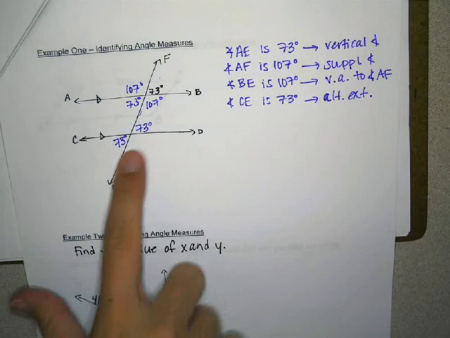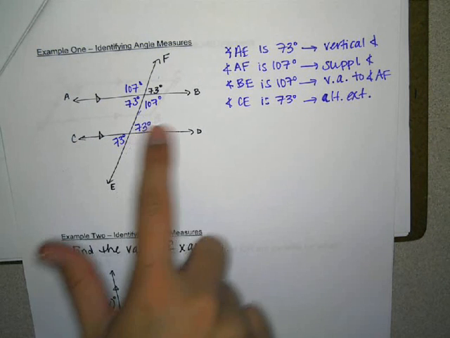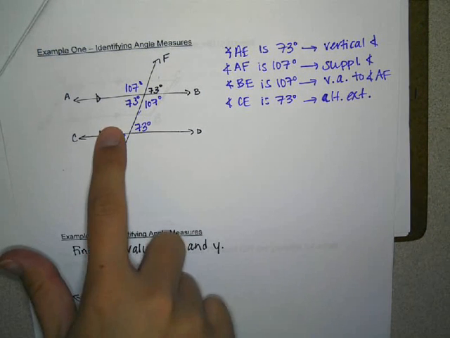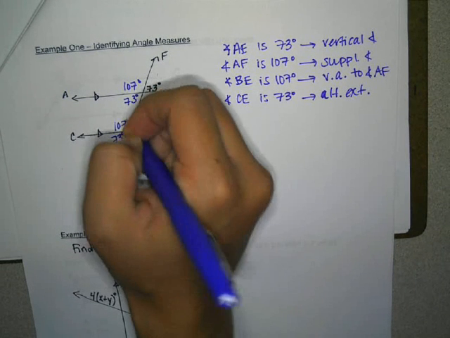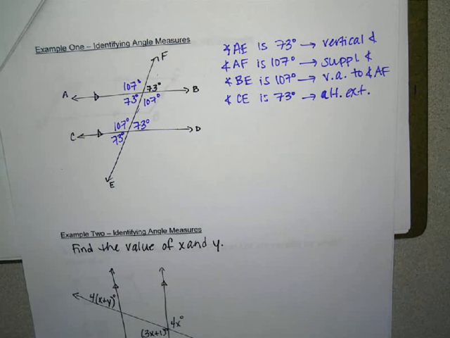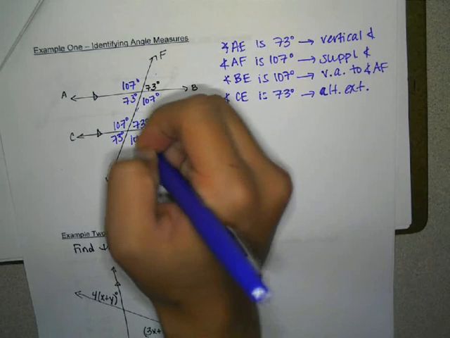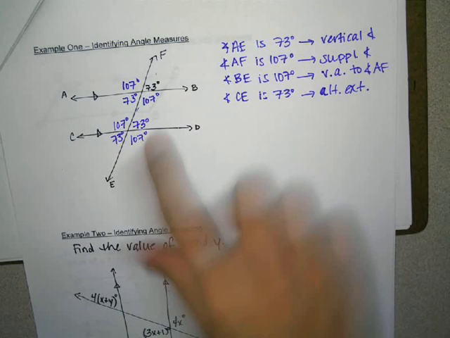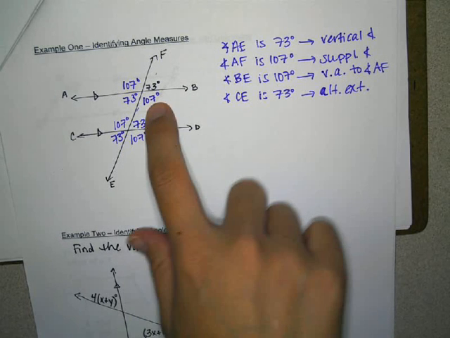And now if we looked at this as a straight line, this angle and this angle would have to add up to 180, so that has to be 107. And then what's this final angle measure? 107.